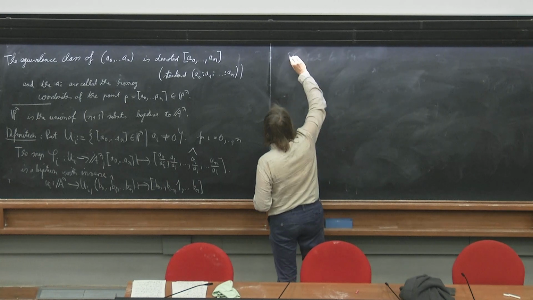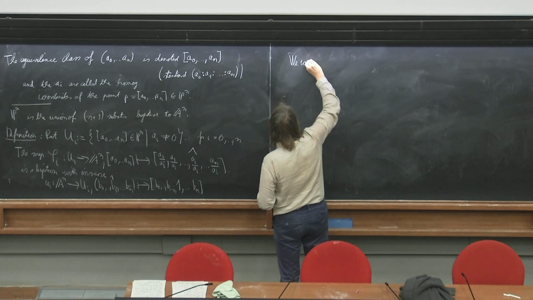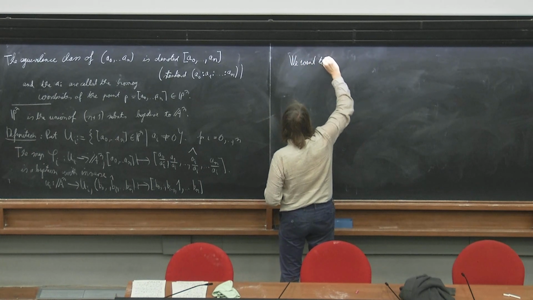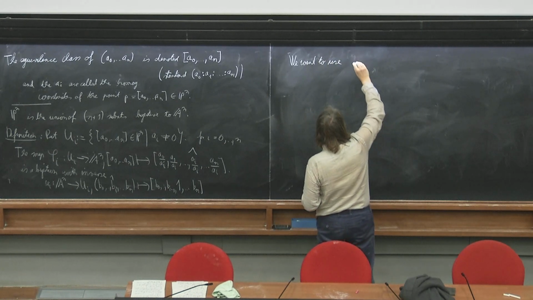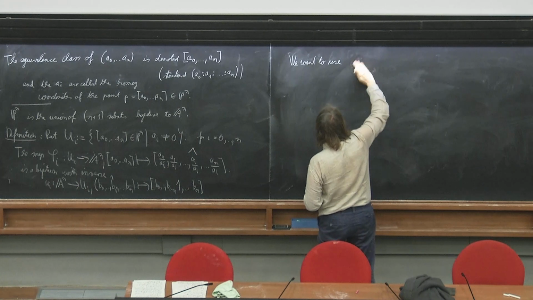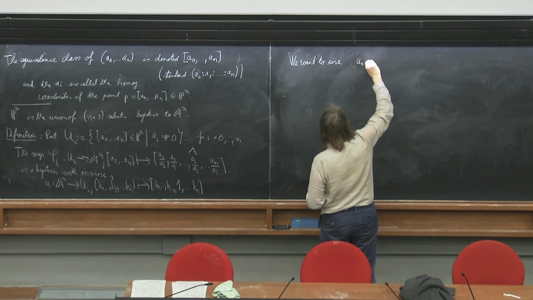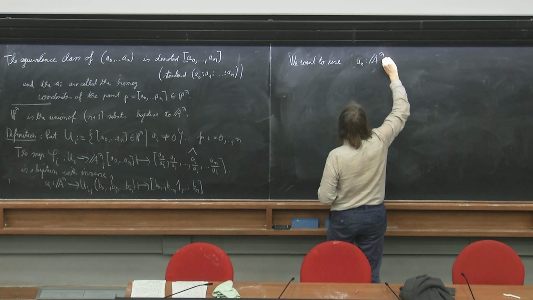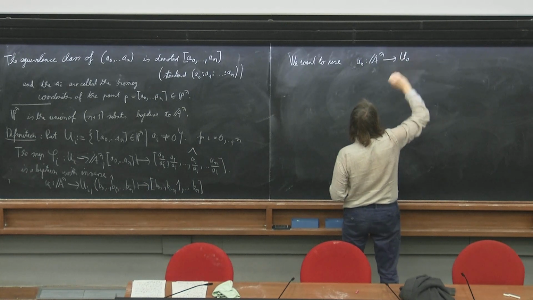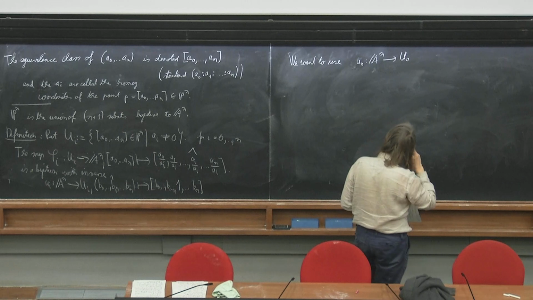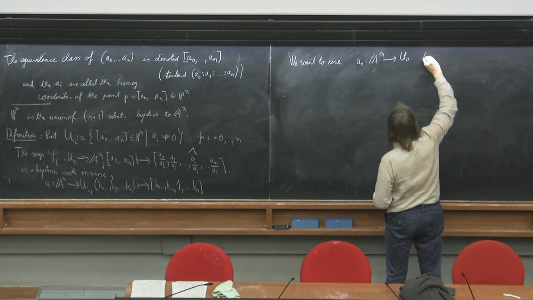So we want to use this map U0 from A^n to identify A^n with U0.